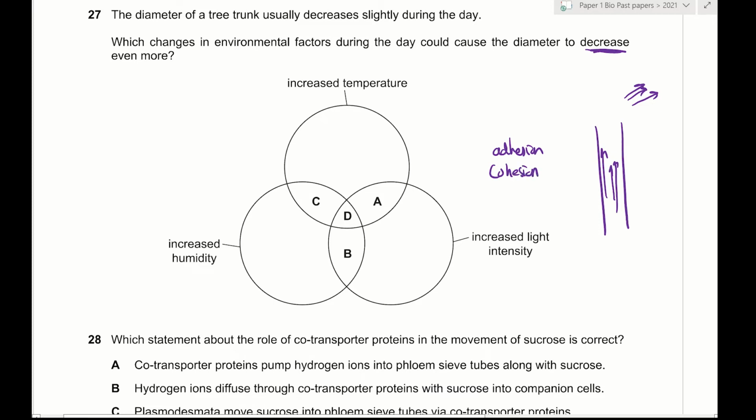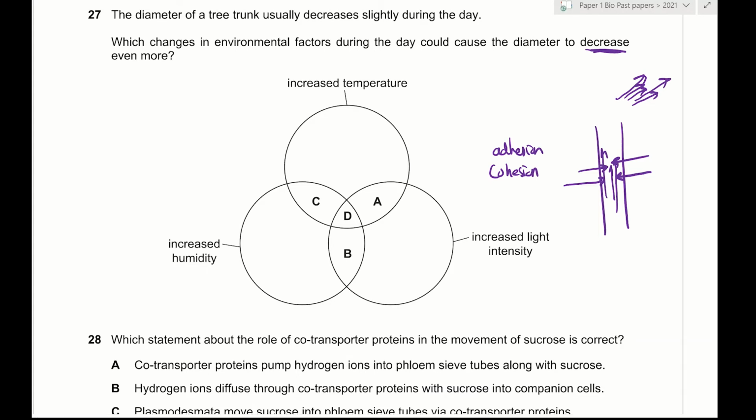The reason why the diameter decreases with increased transpiration, or more water leaving the leaf through the stomata, is because cohesion and the movement of water upwards cause a tension and pull the stem inwards due to the tension forces of cohesion. Therefore, in the question, we're looking for the factors that increase the rate of transpiration.